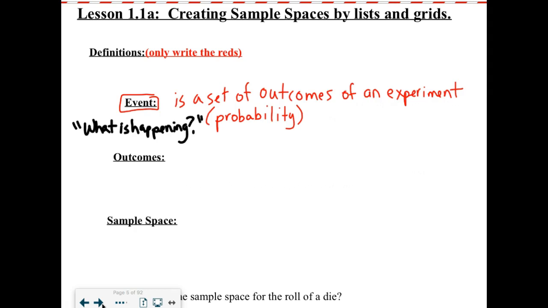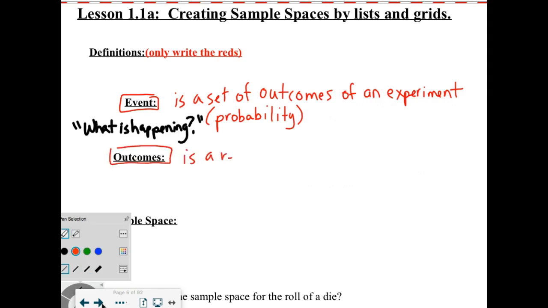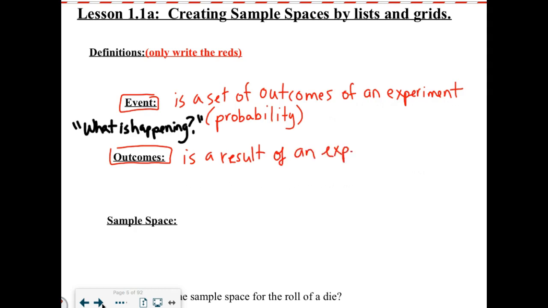Alright, the next definition that we need is outcome. What is an outcome? Outcome. Experiment. So, for example, you flip a coin, the outcome is heads.